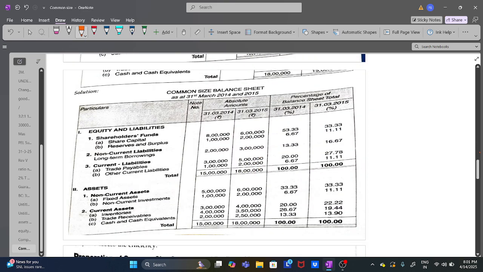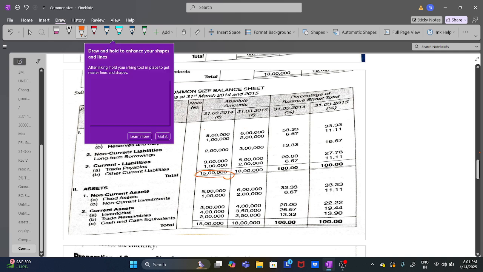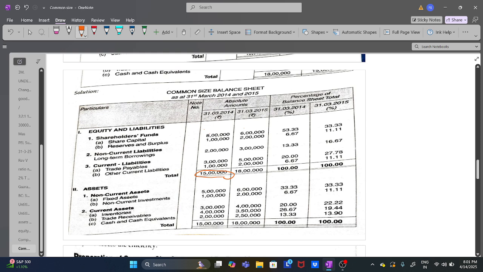Similarly for assets also. Here they have copied first the previous year data, then the current year data. Previous year is 15 lakh. So this turns out to be 8 by 15 into 100, which is 53.33. 1 by 15 into 100 is 6.67. 1 by 15, 6.67. 2 by 15 will be double of that, 13.33. 3 by 15 is 1 by 5, which is 20%.